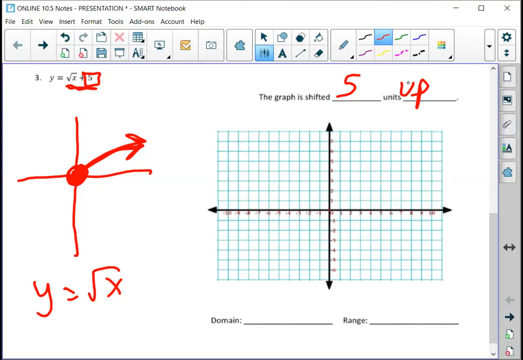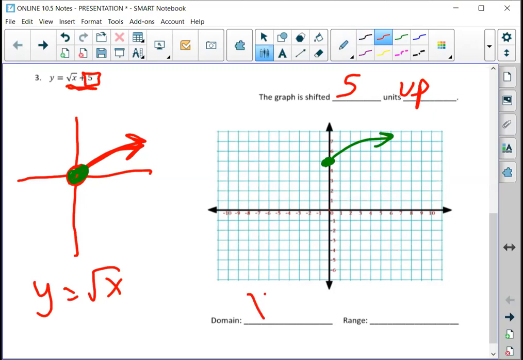So we're going to take the origin point from the parent function and just move it up 5. And then we're just going to put that general shape there. Again, I don't need any additional points. Just get down that starting point and then just do that upwards curve. Now for the domain and range, we're going to look at this in more of a visual way.